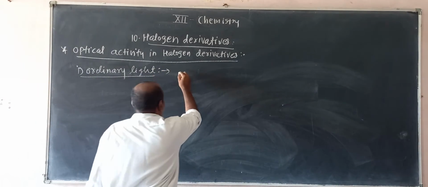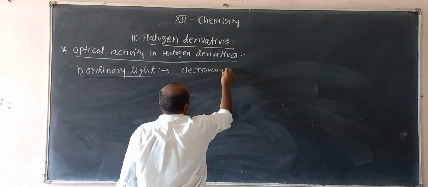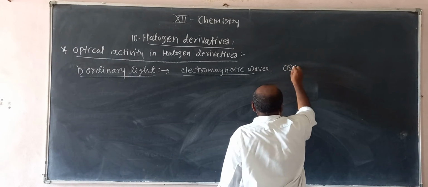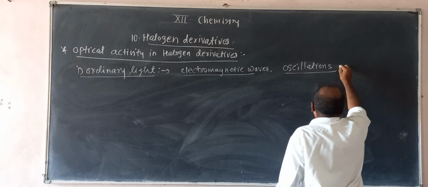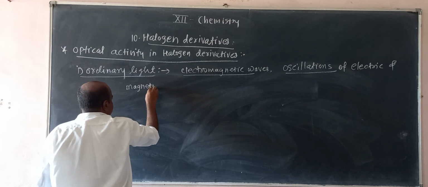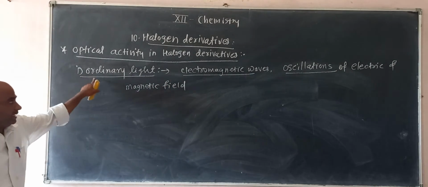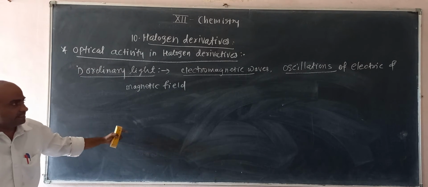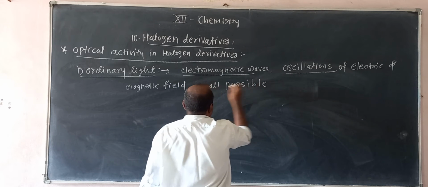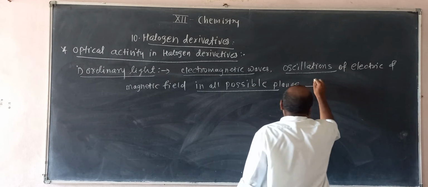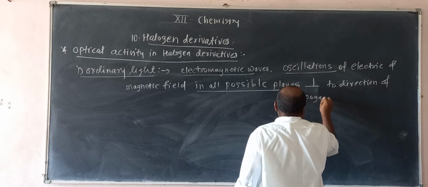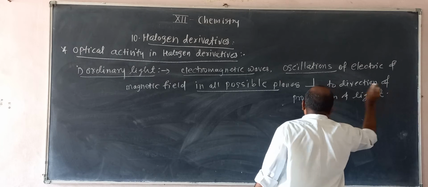Ordinary light consists of electromagnetic waves, that is, oscillations of the electric and magnetic field in all possible planes perpendicular to the direction of propagation of light.